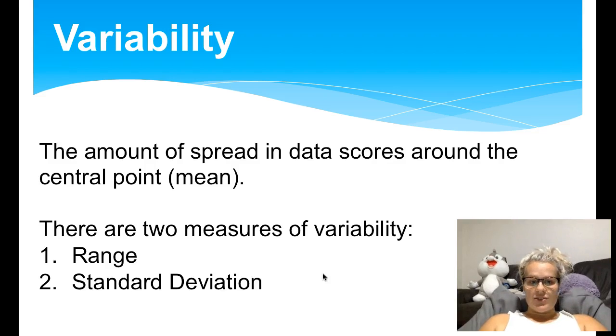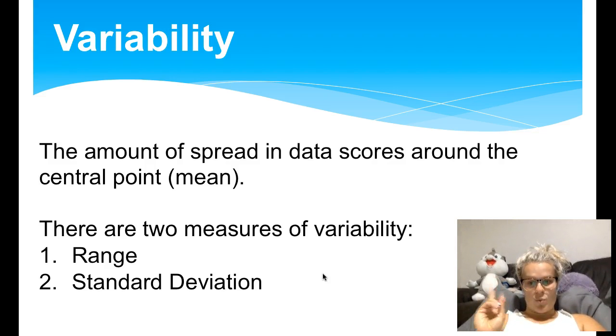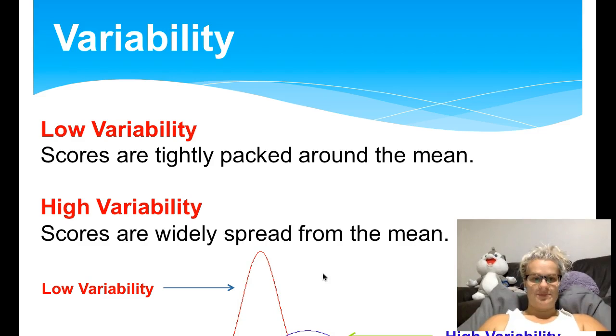So the thing you need to remember out of this is the standard deviation. There are 2 ways of calculating variability. I'm going to teach you one way to calculate it, and standard deviation is way too difficult, and they're never going to ask you to calculate it, so I'm only going to tell you how to interpret it. So variability.